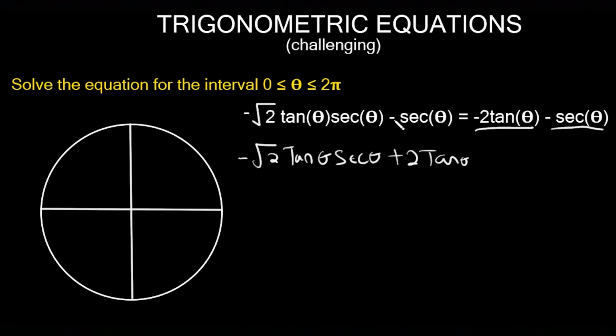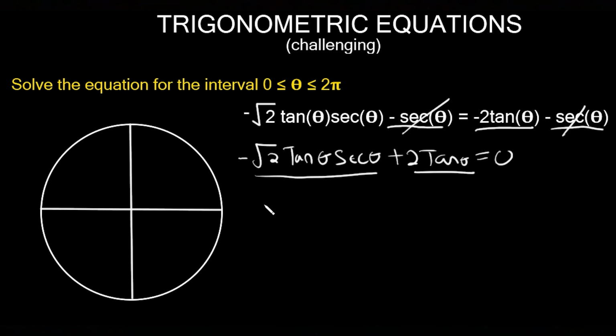And I already have a negative secant theta here as well. So what's going to end up happening, they're going to cancel each other out. So these are essentially gone. And so now this whole part here is going to be equal to 0. And so can you go ahead and factor anything? Is there a greatest common factor here? Well, look, this term right here and this term right here, they have a tangent in common.